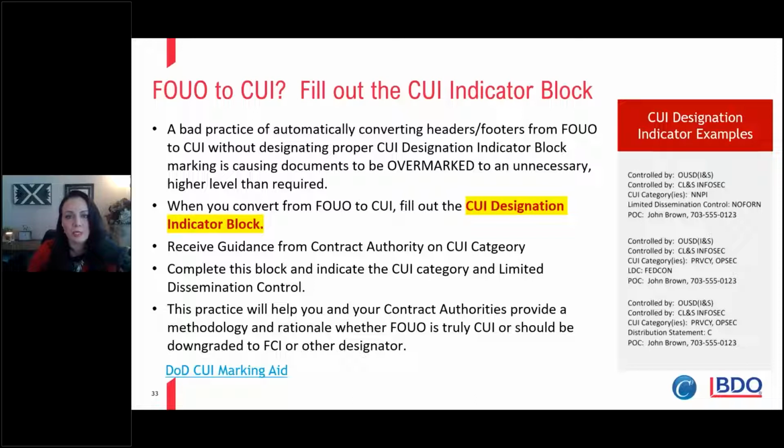This helps reduce the amount of overmarking that is occurring, and it also helps you as the contractor get a better understanding of what types of CUI data you're accepting into your environment before you go through all the hassle of safeguarding using NIST 800-171 and the CMMC standards.